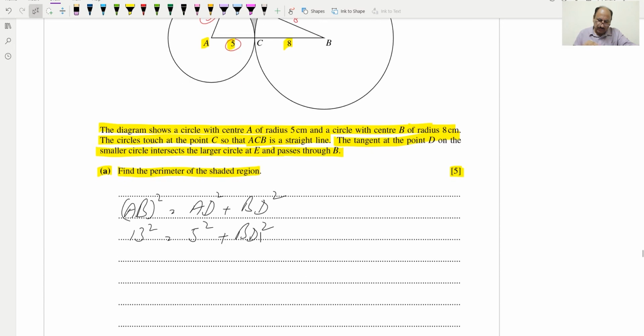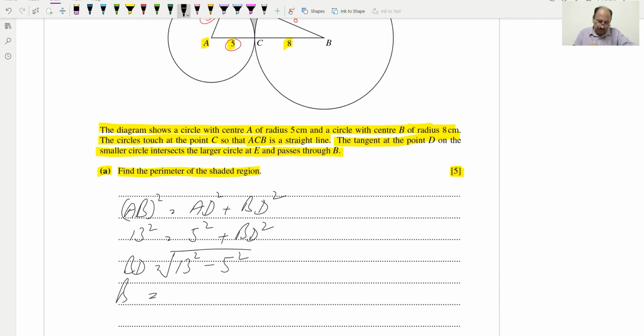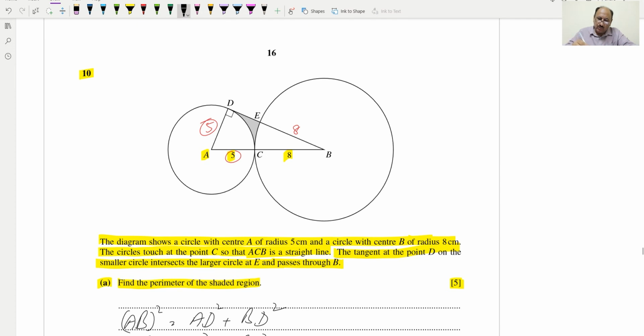And BD is equal to the square root of 13 squared minus 5 squared, and this is equal to 12, so BD value will be equal to 12. Now BD is 12 and BE is 8, so DE will be 4. So 4 units we got for DE.